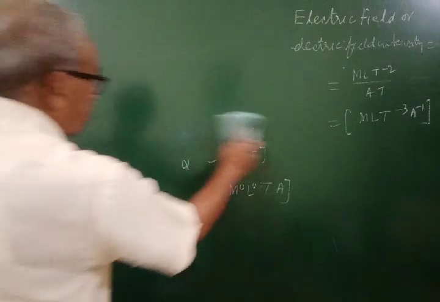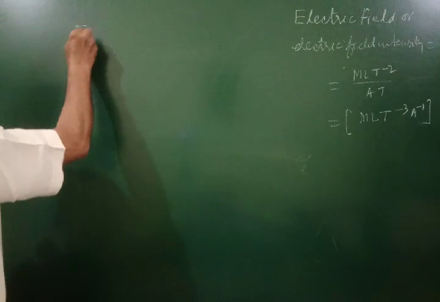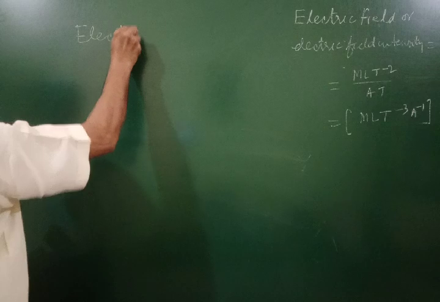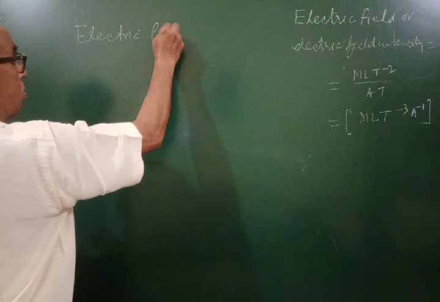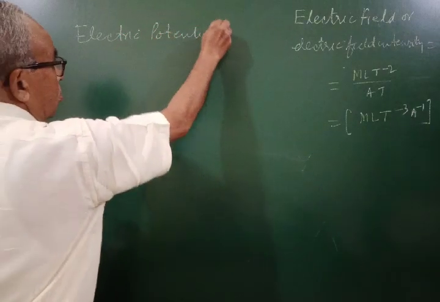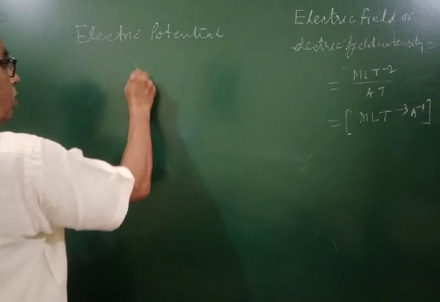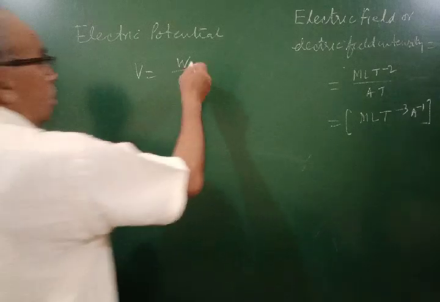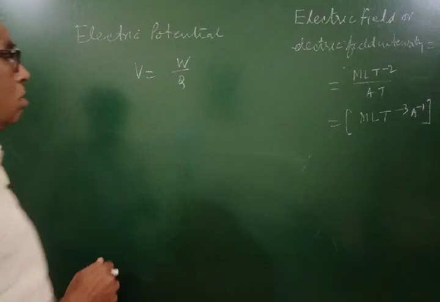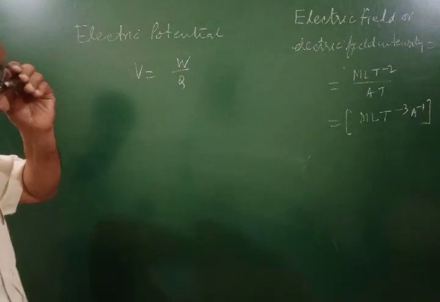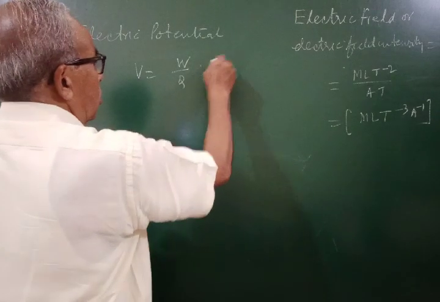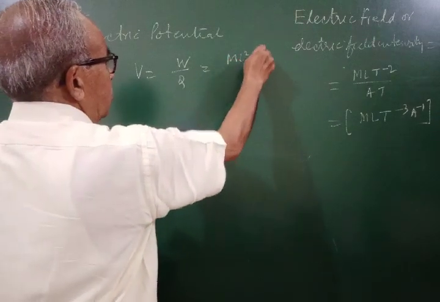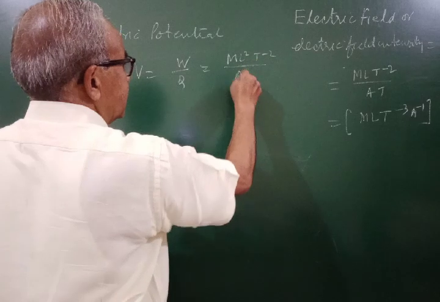Actually, there is one more term, electric potential. Electric potential is W by charge Q, work done per unit charge, or ML^2 T^-2 upon AT.